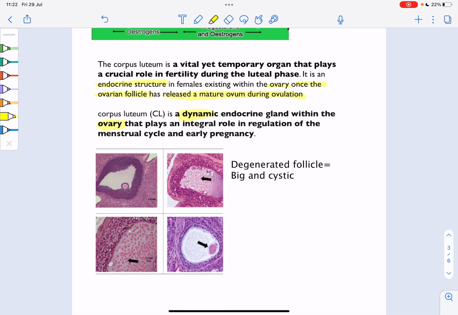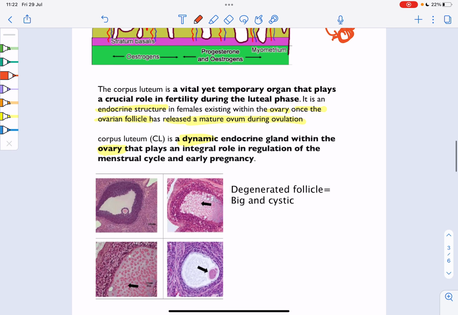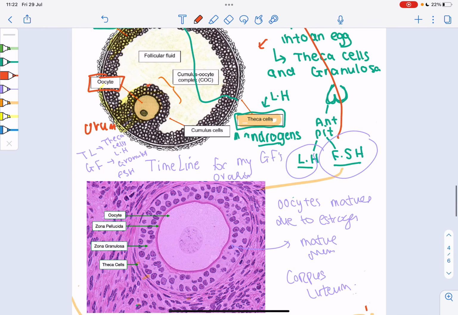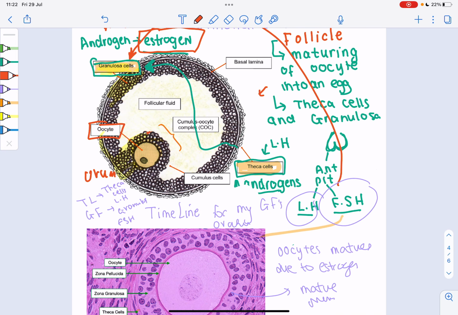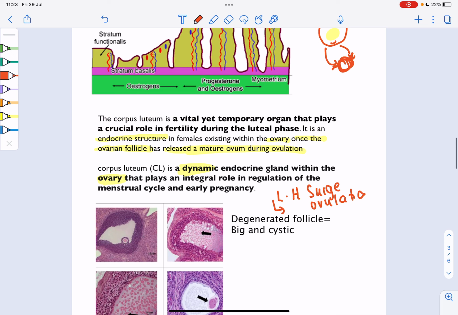And what it does is it helps to sustain, because there's an LH surge that leads to ovulation. The LH surge helps the oocyte get expelled outwards. And after that, we're left with the corpus luteum. The corpus luteum mainly produces progesterone.